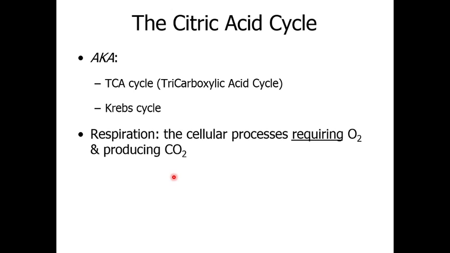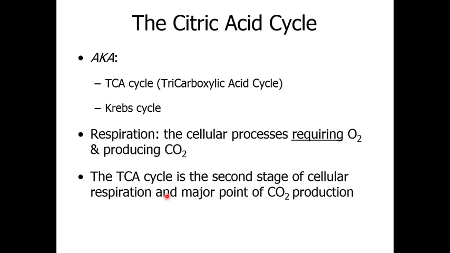In simpler terms, when you inhale oxygen, that oxygen is being used to convert glucose to carbon dioxide, and that carbon dioxide is what you are exhaling out. The tricarboxylic acid cycle is the second stage of cellular respiration and a major point of carbon dioxide production.